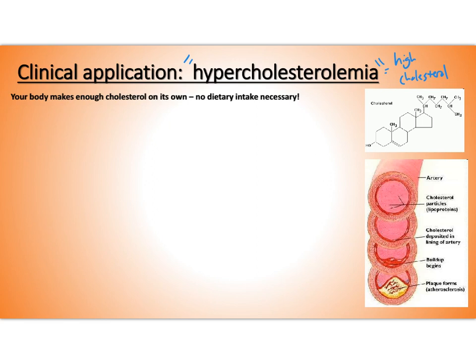And it has a lot to do with our diets. Your body makes enough cholesterol completely on its own. So in other words, you don't need any dietary intake of cholesterol. And yet a lot of foods have this. Some foods, like red meat, bacon, eggs, the egg yolk part, these are natural sources of cholesterol.